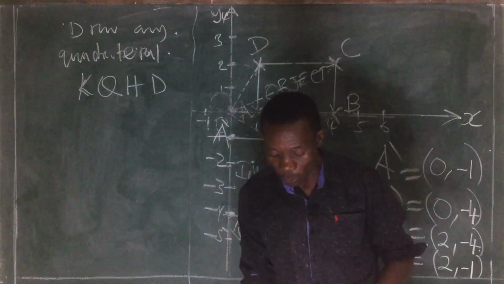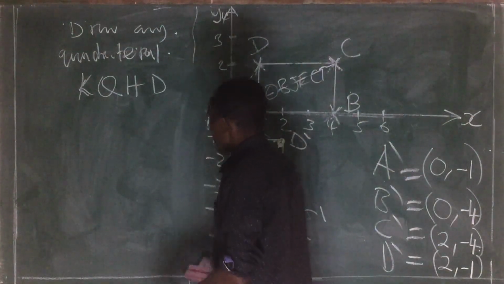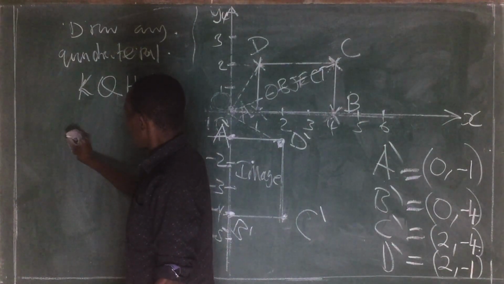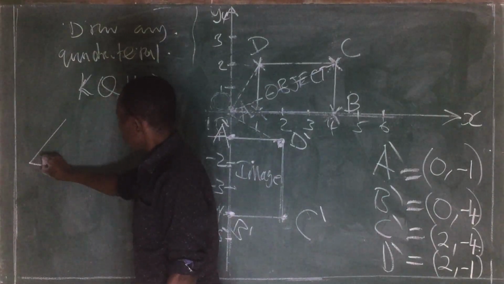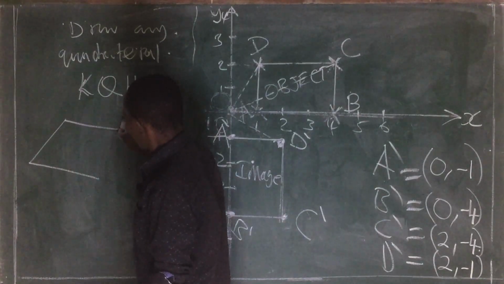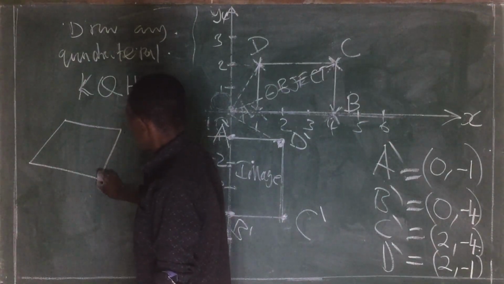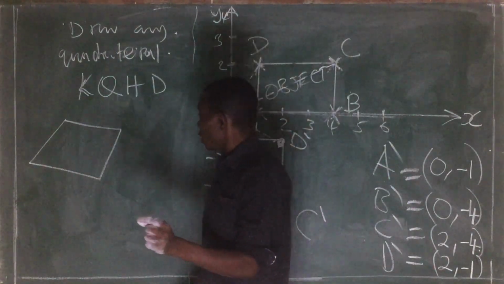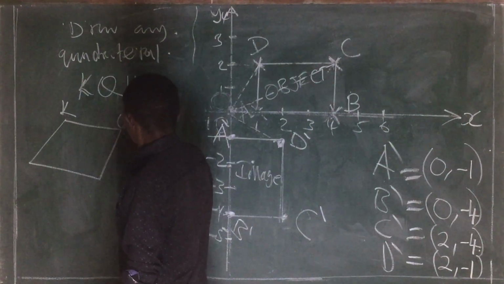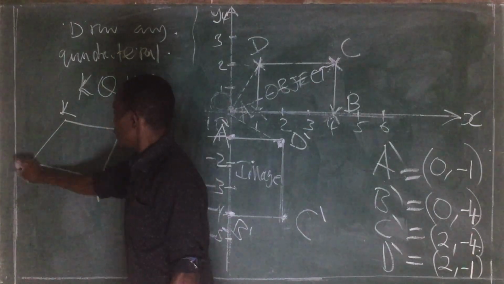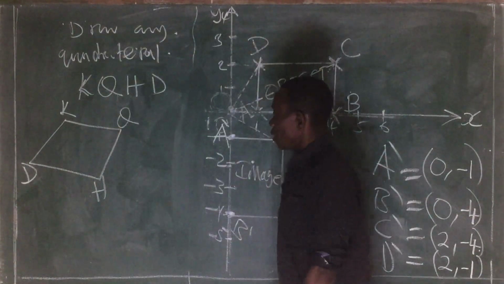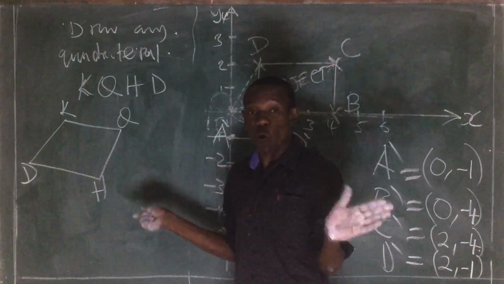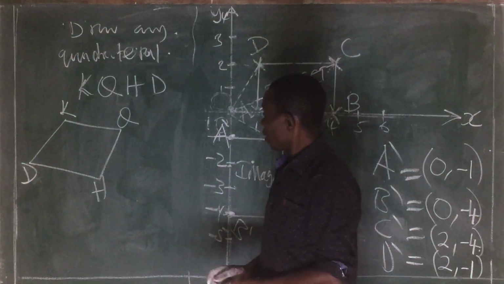Like, for example, you should position it like this. I choose to draw the parallelogram, or any kind. Don't be mindful about the lengths of the sides, as long as you see a four-sided polygon. Take that as K, Q, H, D. That's enough.